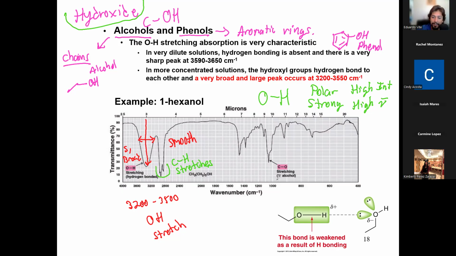There's this other one here at around 1500. Sorry, at about 1050. There we go. At around 1050, we see this CO. And that CO is just the COH, right? This CO right here has its own vibration, and it happens at around, I'm gonna say 1100. We'll talk more about this one coming up, but I mean, if you have an OH, of course you're gonna have a CO. It's not really that useful.